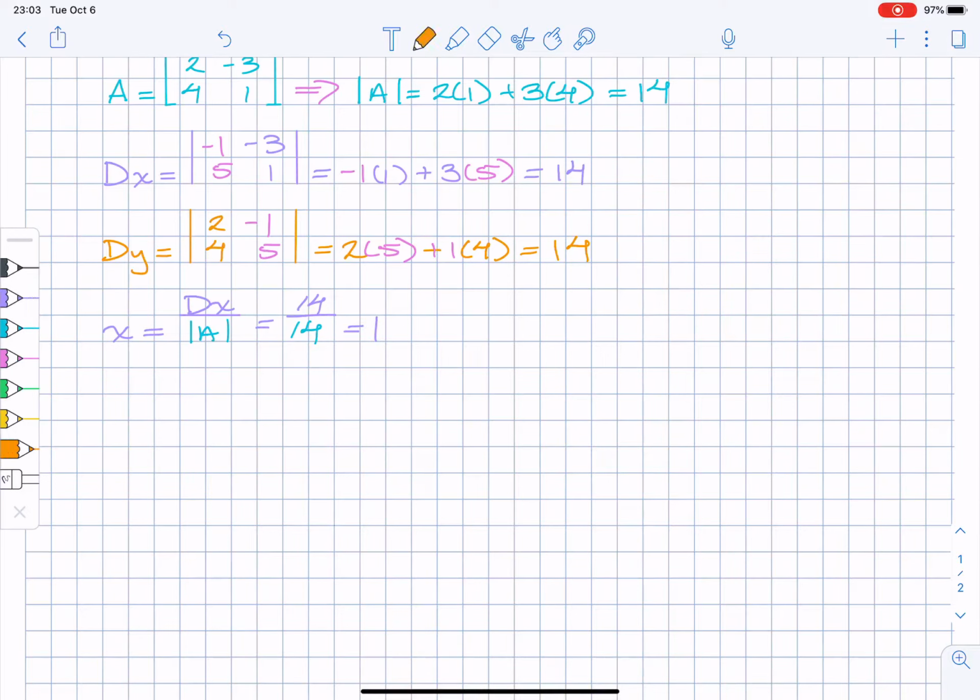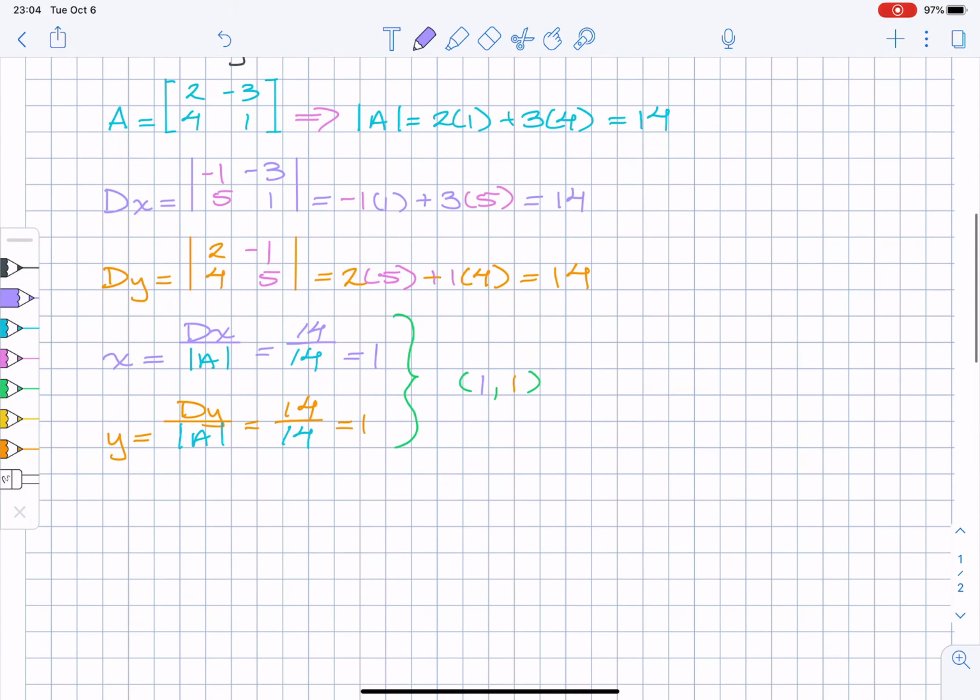And y, which is capital D sub y divided by the determinant of A, is going to be 14 divided by 14, which is also 1. So these two together imply that the point in the plane where these two lines meet is (1, 1).